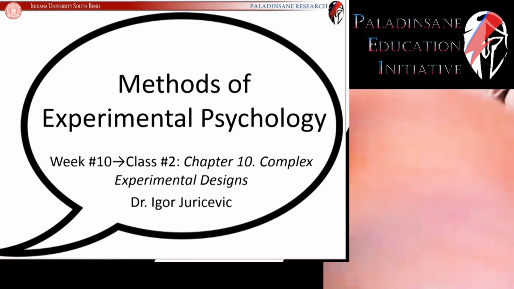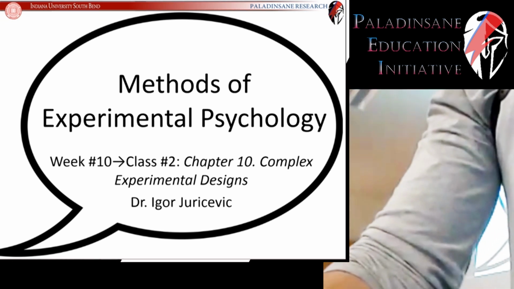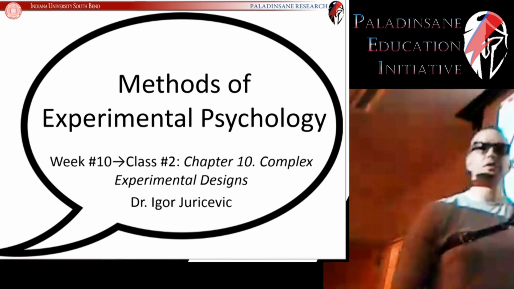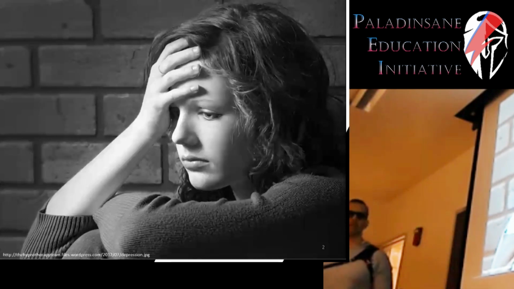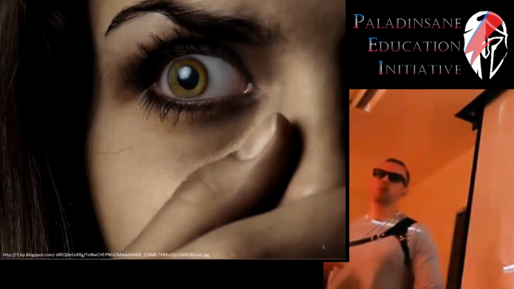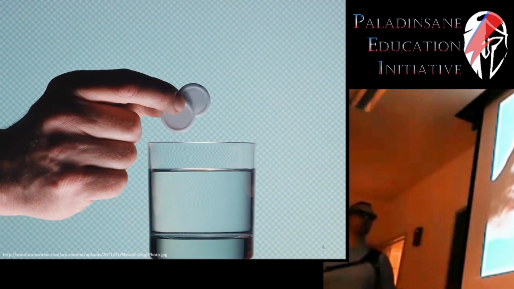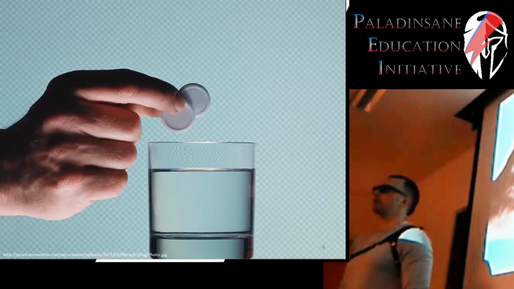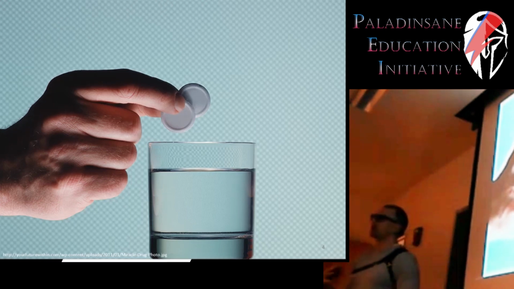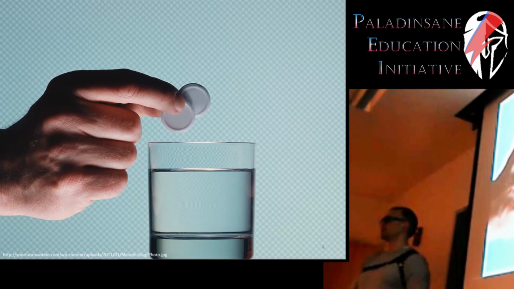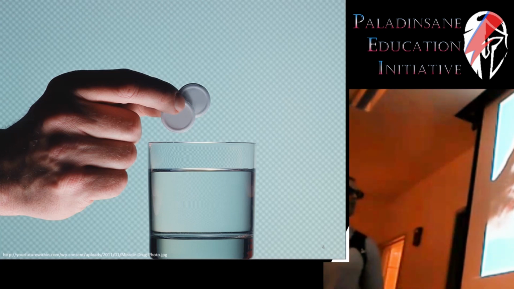These designs will help us answer questions such as, if you have a treatment that you're designing and it might work for people with depression, and it might work for people with OCD, so it's a new pharmacological treatment, and you want to test whether it works on either one of those disorders, you cannot use the simple designs that we looked at before. You would need to use a more complicated, complex experimental design.